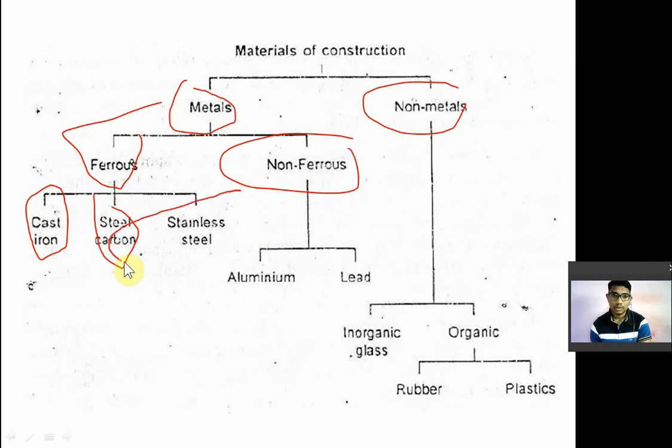Cast iron means iron plus carbon, with carbon beyond 1.9%.